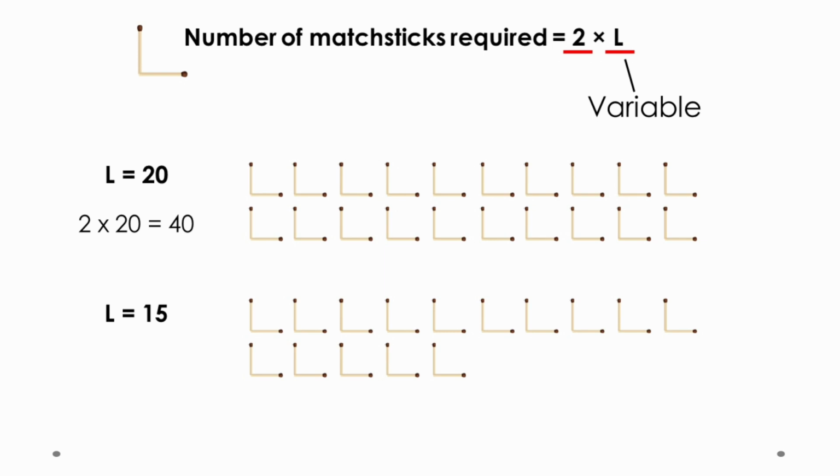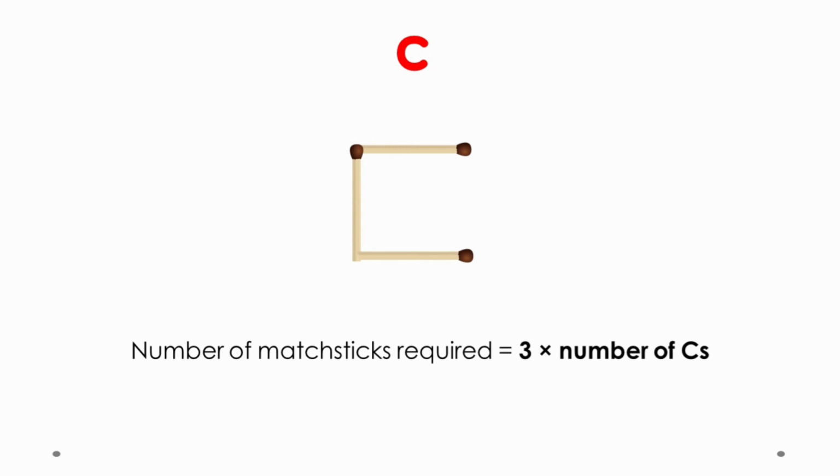So the equation will go like number of matchsticks required is equal to 2 into 15, and we get our answer as 30. In case we are making a C, the number of matchsticks required to make a C will be 3. So the equation will become 3 into number of C's, and then we will solve accordingly.